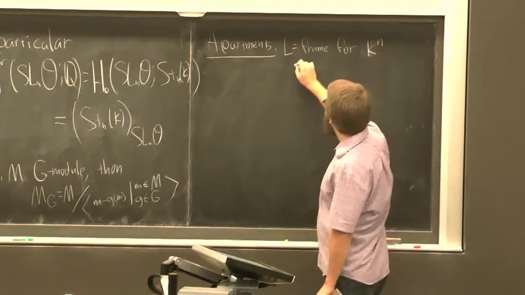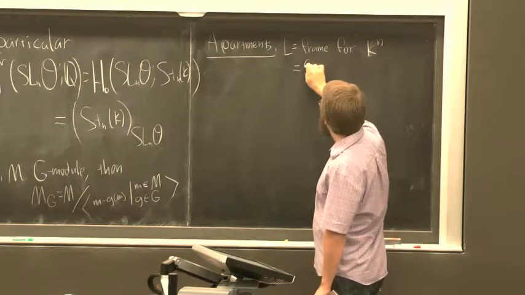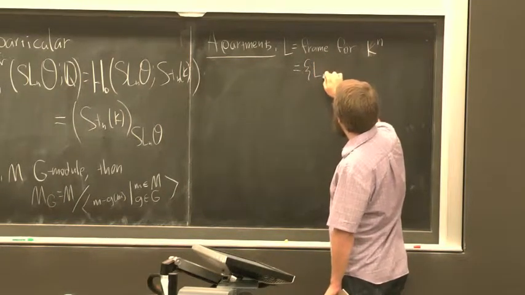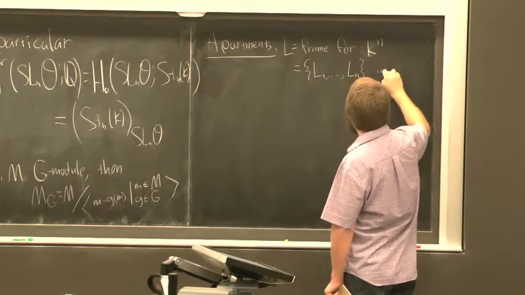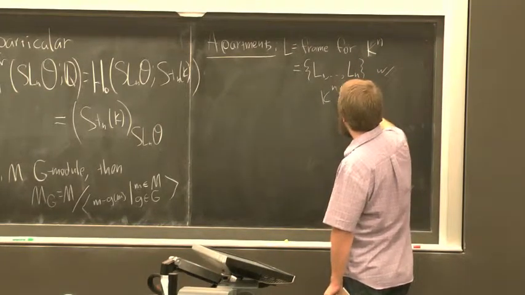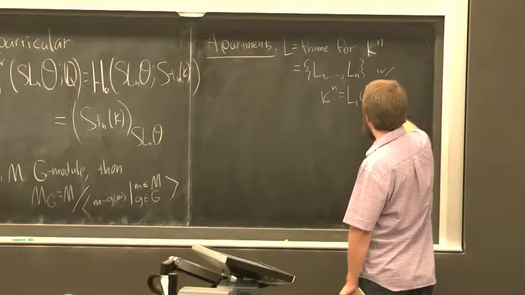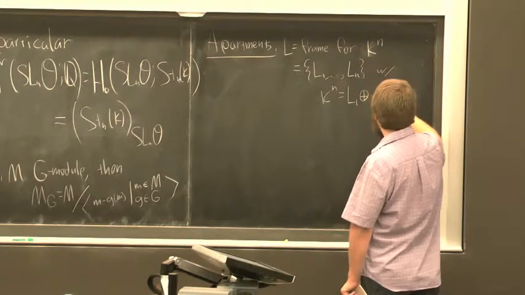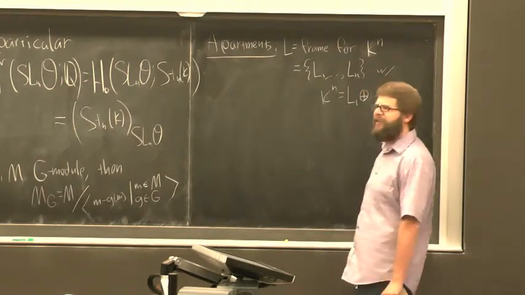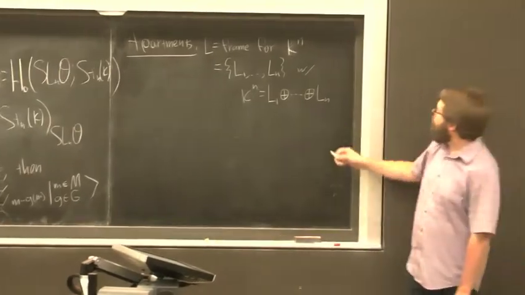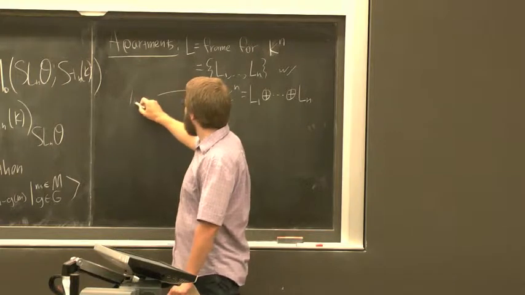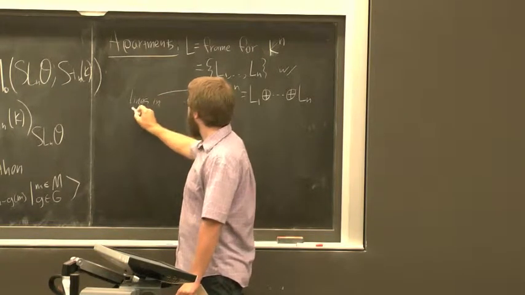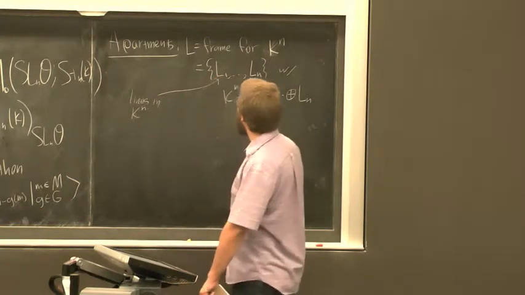What do I mean by that? It's going to be an ordered set L_1 up through L_n with k^n equal to the direct sum of L_1 plus all the way up through L_n. So each of these L_i's is a line. These guys right here are lines in k^n.